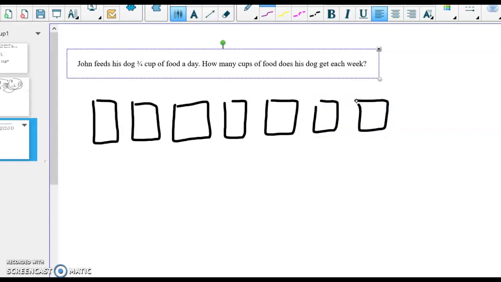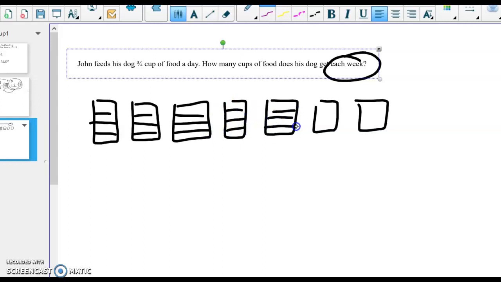And I knew there were 7 cups because the question was each week. And if you have all those cups divided into fourths, you're drawing this out so you can see it.